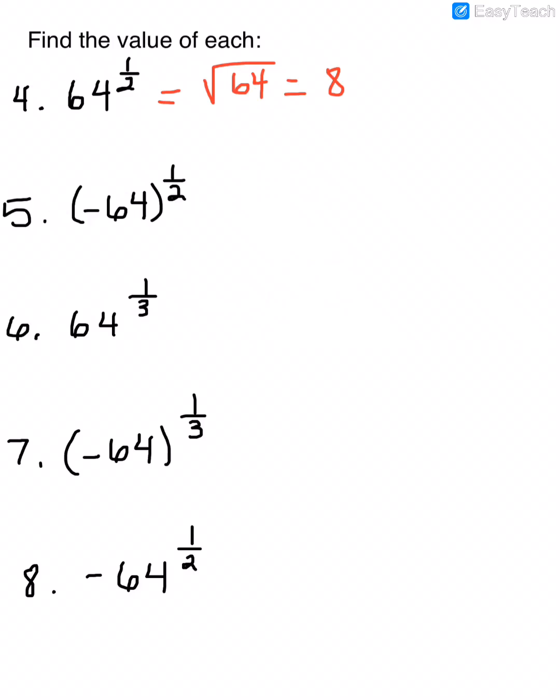For number 5, we have in parentheses the negative 64 to the 1/2 power. So that would be the square root of negative 64. But remember, we can't take an even root of a negative number. So this would just be no real root or no real solution.